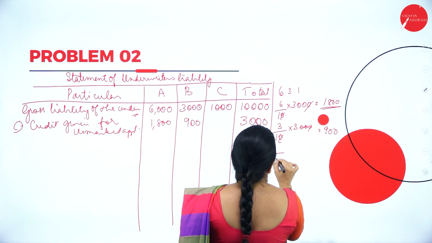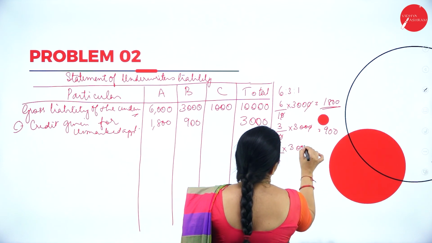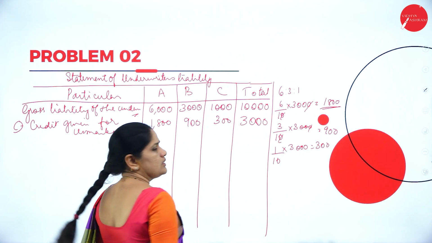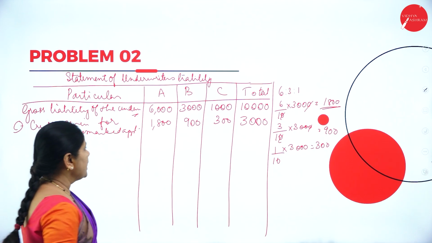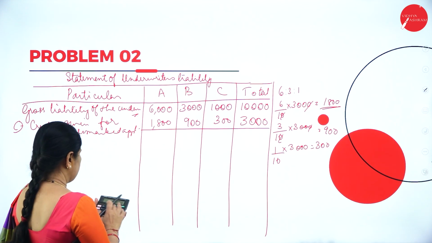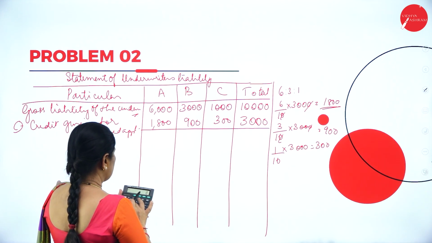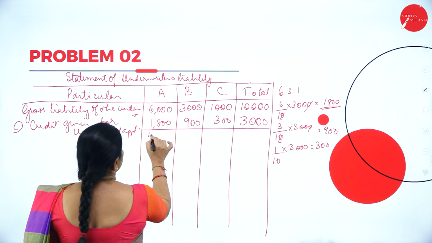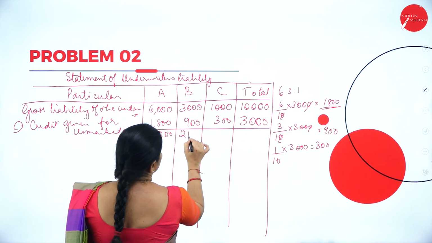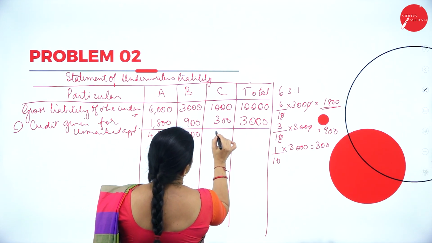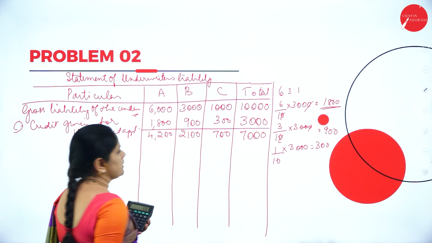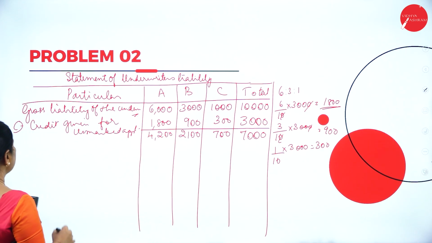And then 1 by 10 into 3,000, that is 300. So I am deducting all the unmarked applications here. So when I deduct this, it will be 6,000 minus 1,800, so this will be 4,200. So this will be 2,100. So this will be 700. Here it will be 7,000. So unmarked applications I have deducted.